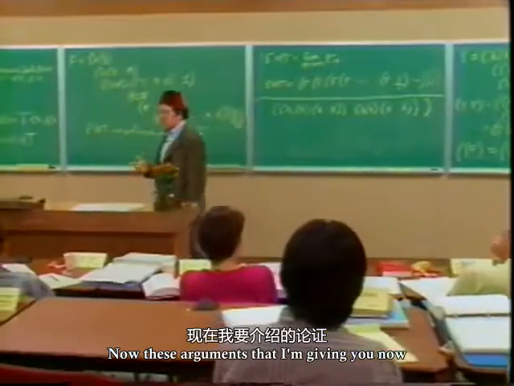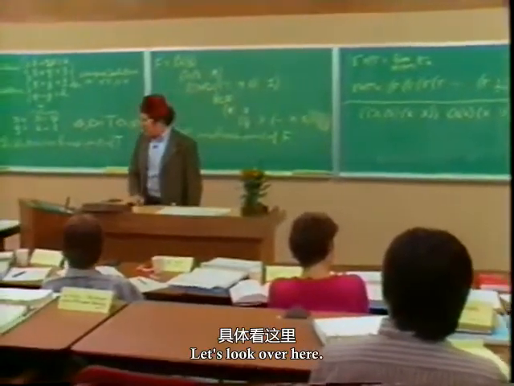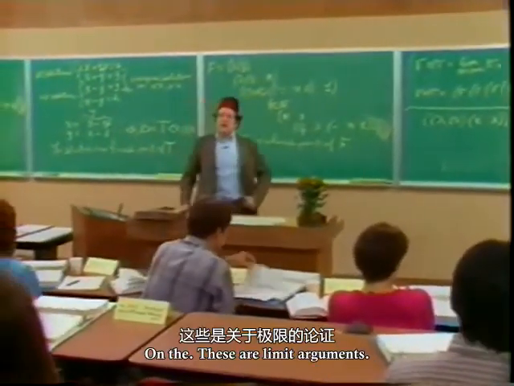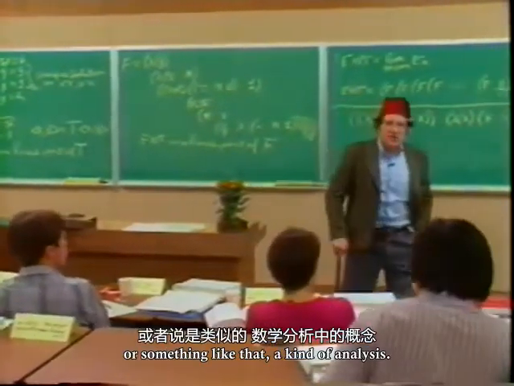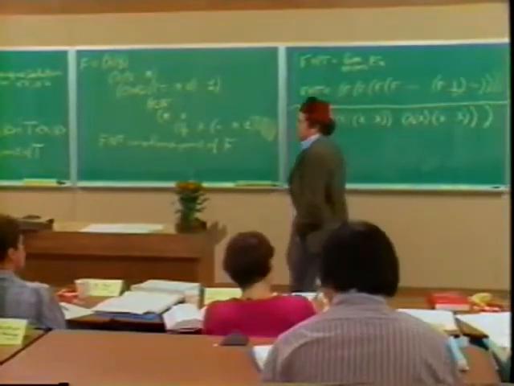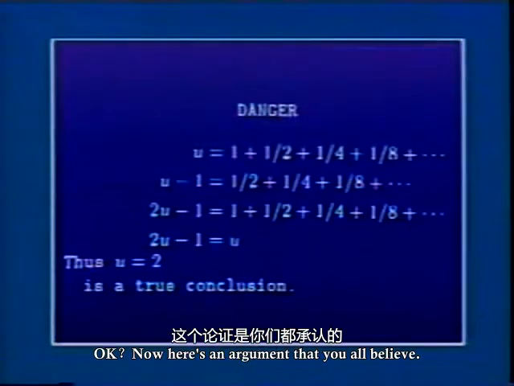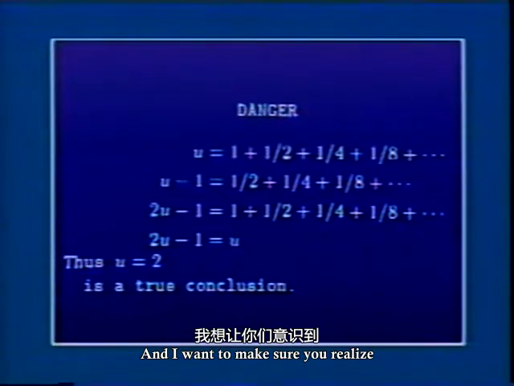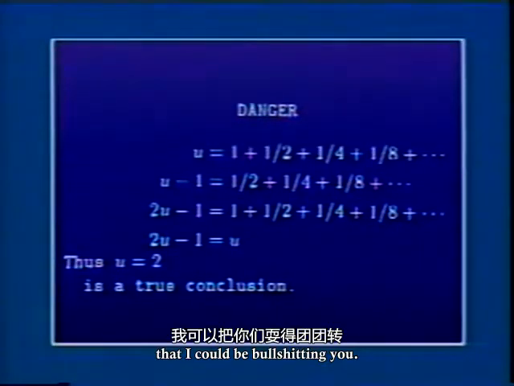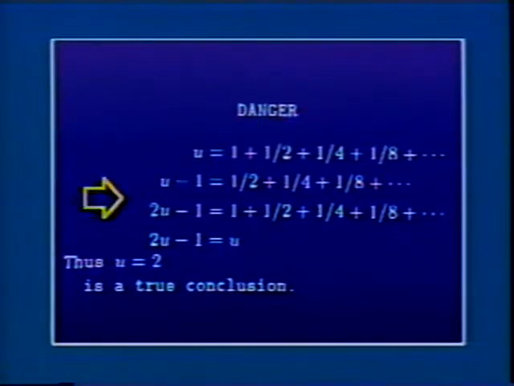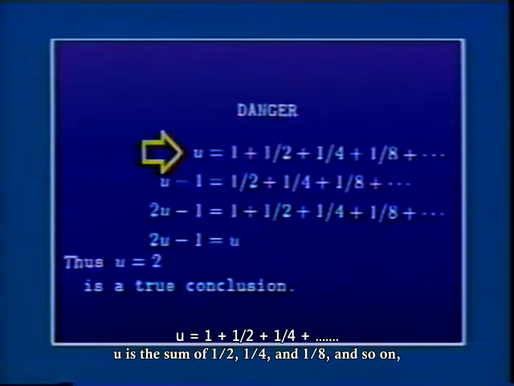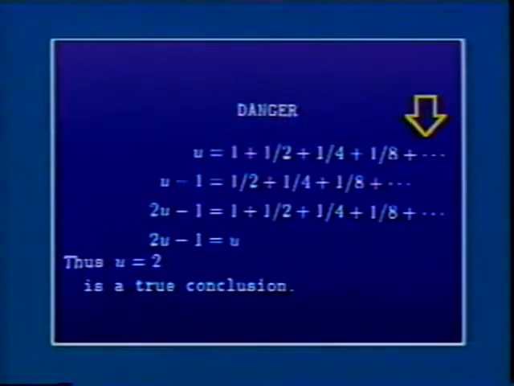Now, these arguments that I'm giving you now are quite dangerous. Let's look over here. These are limit arguments. We're talking about limits, and it's really calculus or topology or something like that, a kind of analysis. And here's an argument that you all believe, and I want to make sure you realize that I could be bullshitting you. What is this? U is the sum of a half and a quarter and an eighth and so on, the sum of a geometric series.